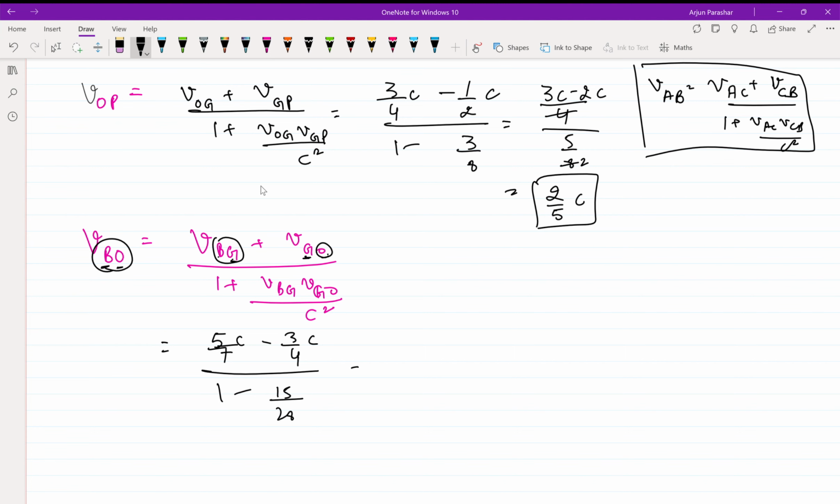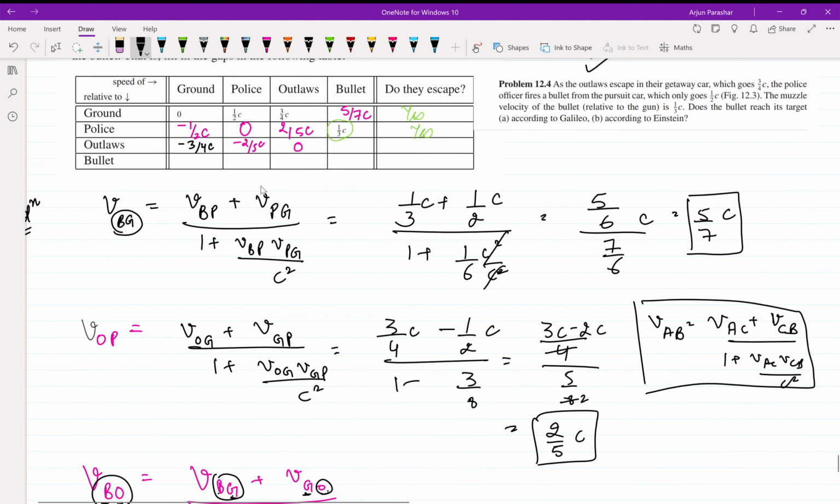C square is cancelled, so we get 28 here, and here we get 20 minus 21, and 28 is cancelled by 13. So the speed of the bullet with respect to the outlaws is minus 1 by 13c.